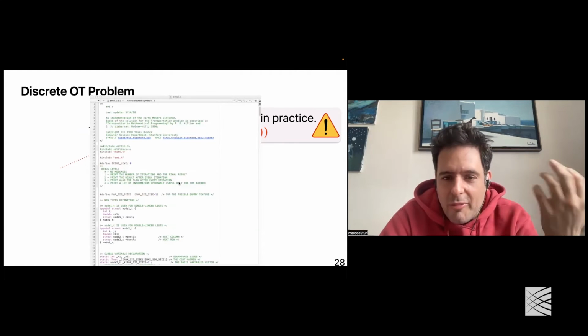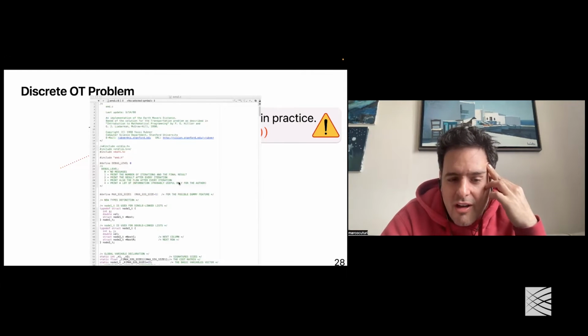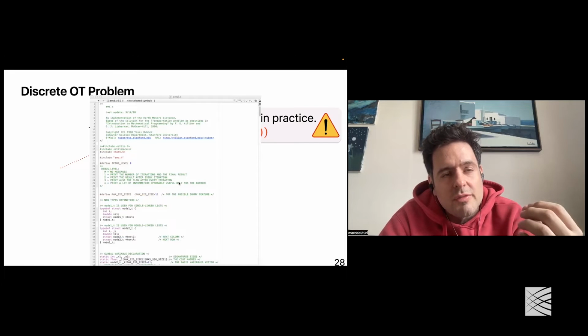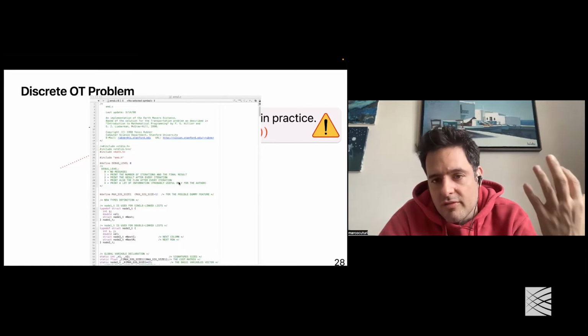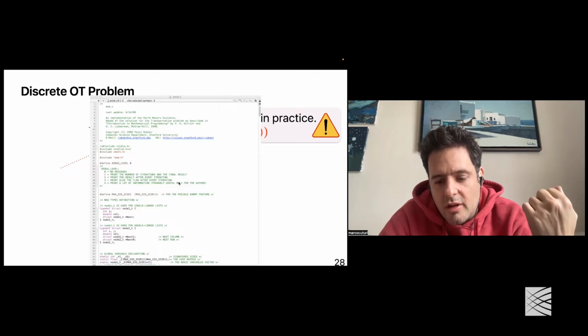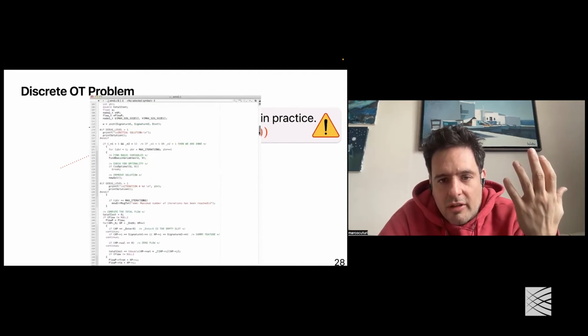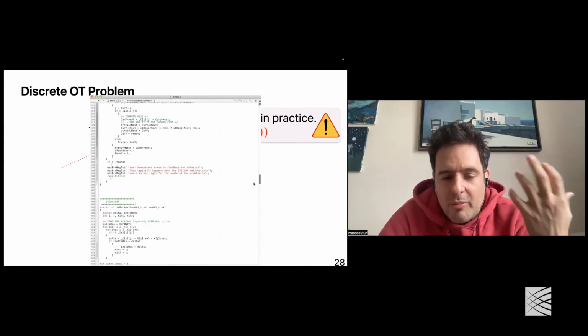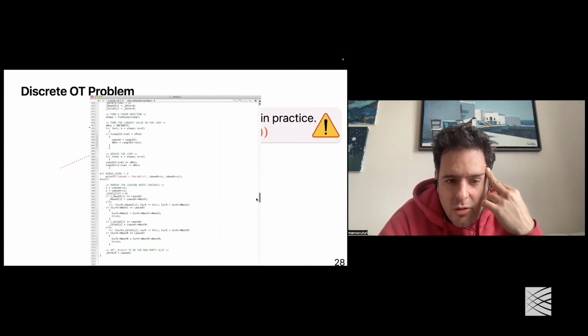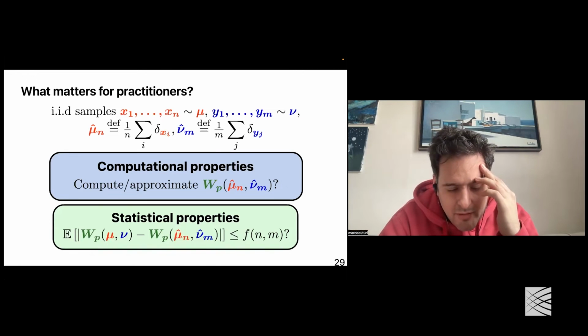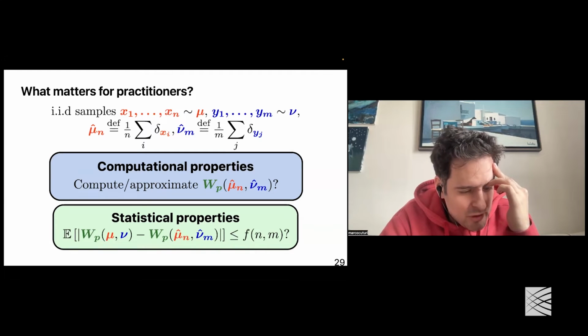And let me just pile up a few more issues in terms of algorithmic resolution. To solve this problem, you need to use this family of network flow solvers, which are fairly complicated, beautiful, but complicated combinatorial solvers. So the picture should be as follows.